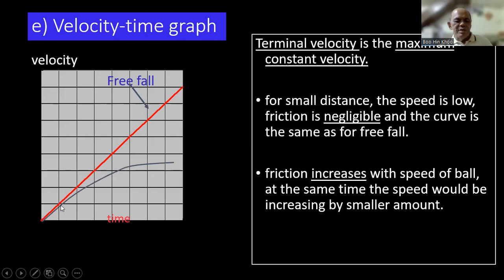The speed will decrease again because of air resistance. For low speed, it's almost a straight line. After that, it goes further and further away because the speed decreases. And near terminal velocity, it's almost horizontal. So this line is the presence of friction or air resistance.